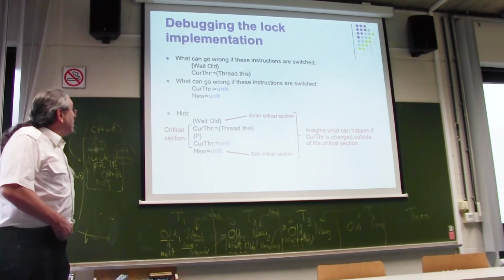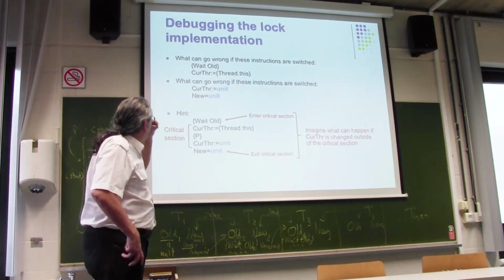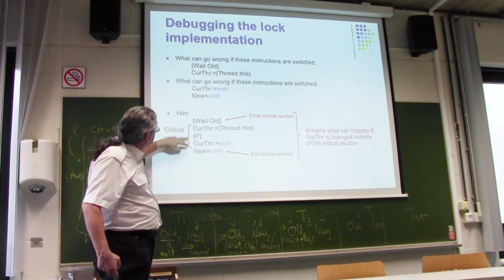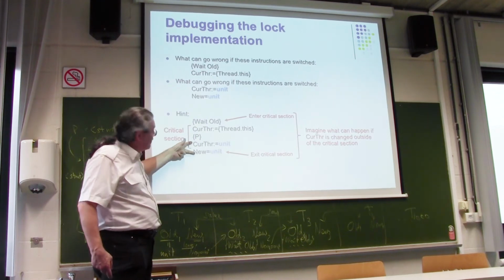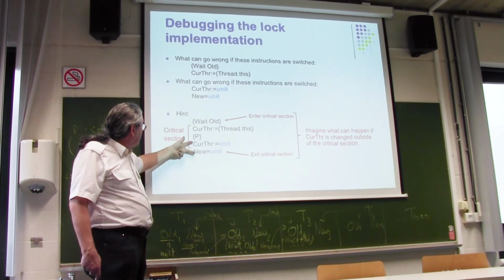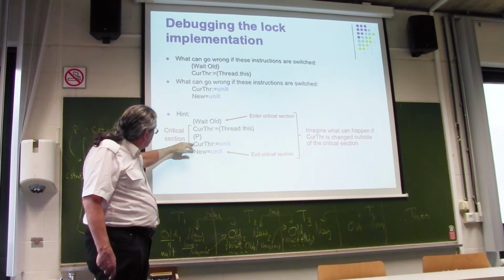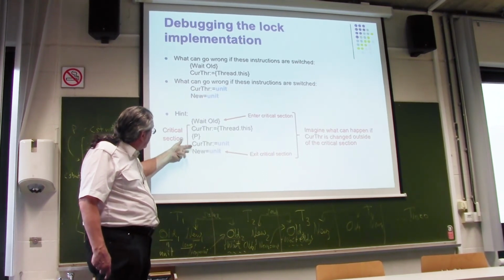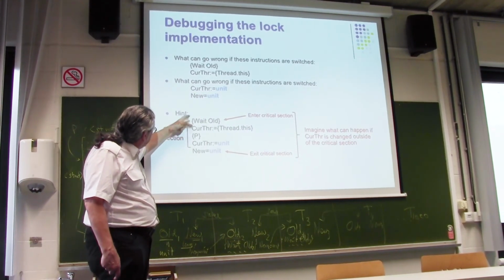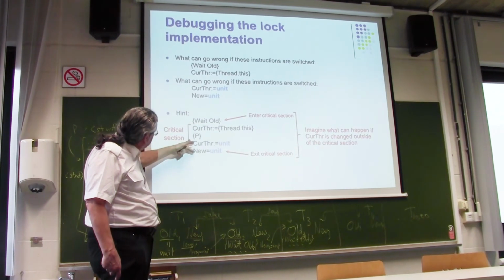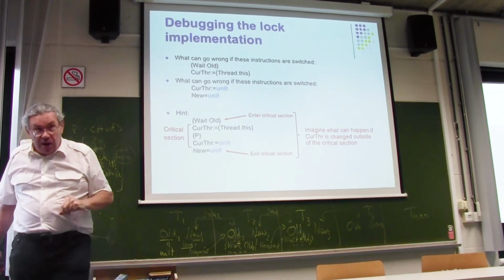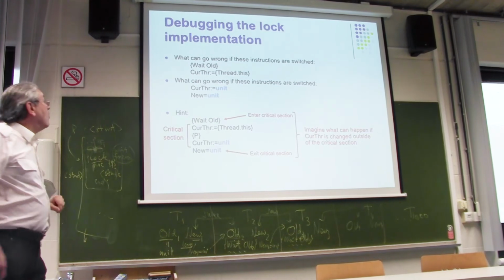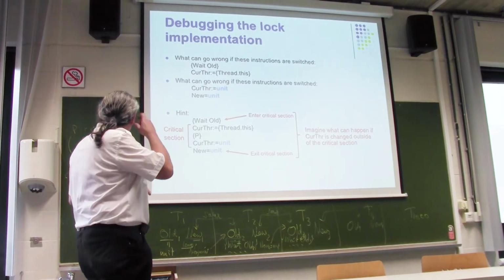So that's one question, and I'll give you some hints. And another question is, what can go wrong if you switch these two? If I do new equal unit, and then I update current thread after that. If I switch these two, or these two, each way, then it's buggy. The whole system is buggy, okay?